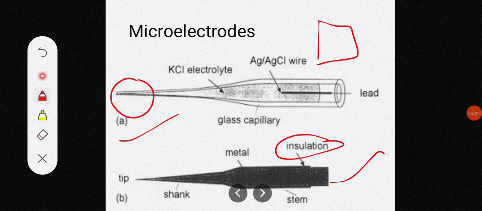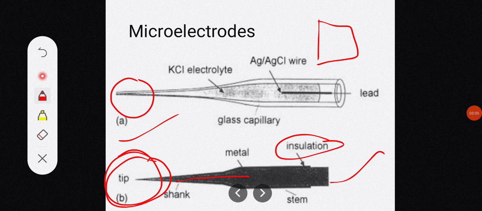The metal ion interface takes place where this metal tip contacts the electrolyte, either inside the body cell or outside the body cell. That is, when this electrode penetrates the body cell, only then you'll get to see the metal ion interface. This is the metal, and the ion, that is the electrolyte, is the cell fluid.